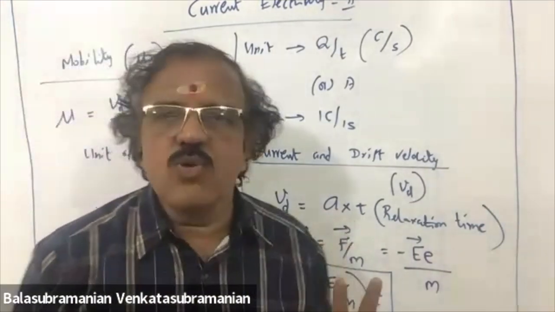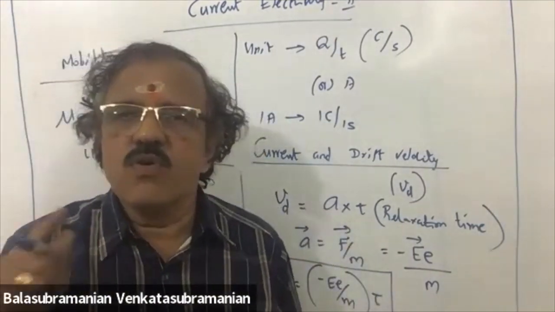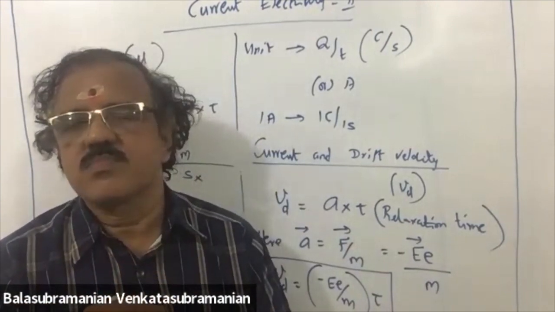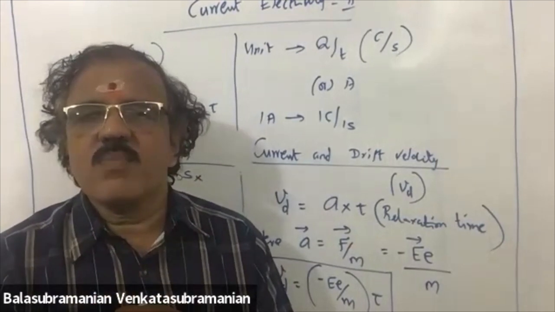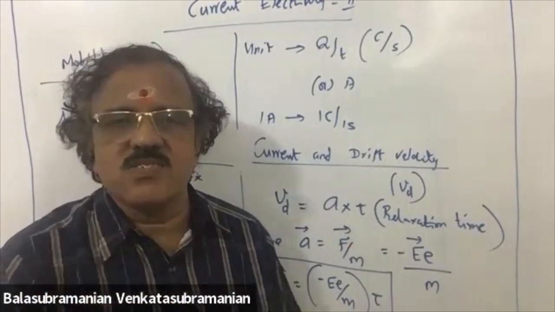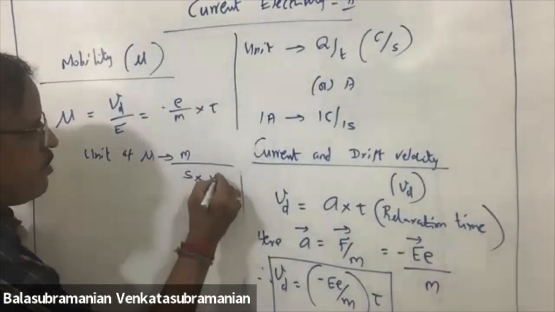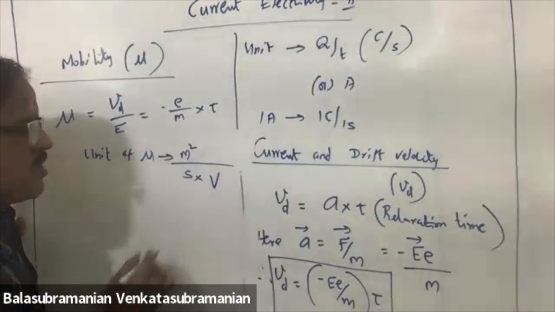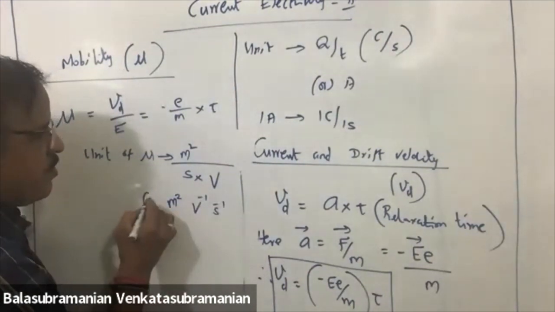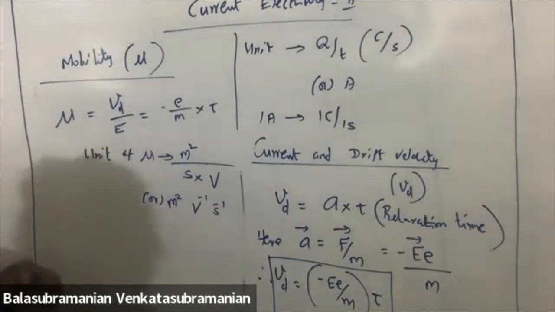Electric field has two units. Force by charge, so Newton per coulomb. Another formula, E is equal to V by d, potential by distance, so volt per meter. So the unit of mobility is meter square, volt power minus 1, second power minus 1.